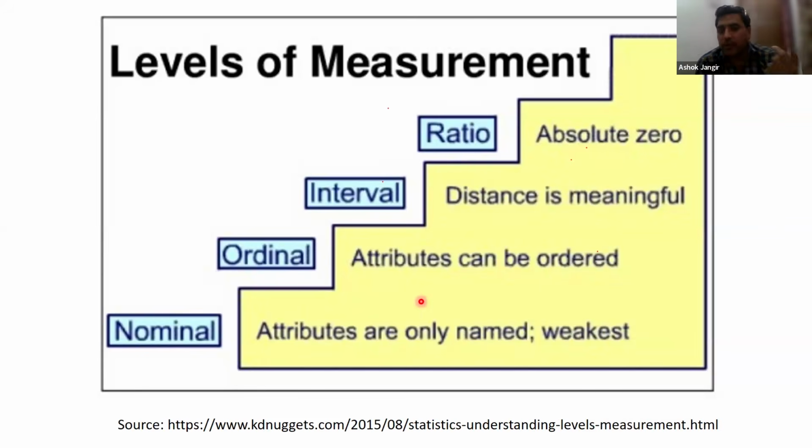But in the case of interval, please remember, if I say the temperature of my room is 0 degrees centigrade, it means there is a temperature present. So you have to think about this, the difference between ratio and interval. If I say the temperature of my room is 0 degrees Fahrenheit, the temperature still exists.